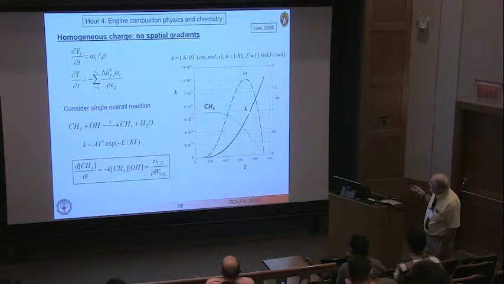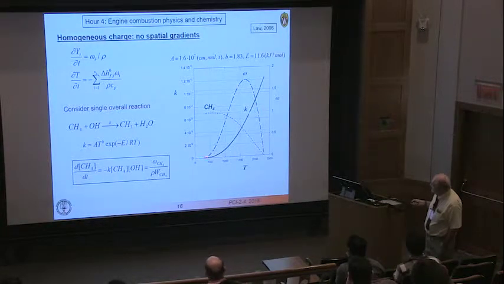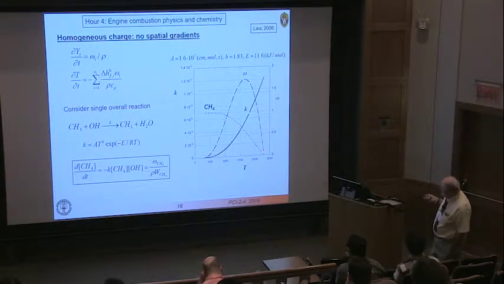Here's the rate constant plotted as a function of temperature. Because the product of this k, which is increasing, and the CH4, which is decreasing, and the OH leads to a mass reaction rate profile that looks like this. We have very little reaction at low temperature. Reactions end when all the fuel is consumed at high temperature, and there's a peak in between.